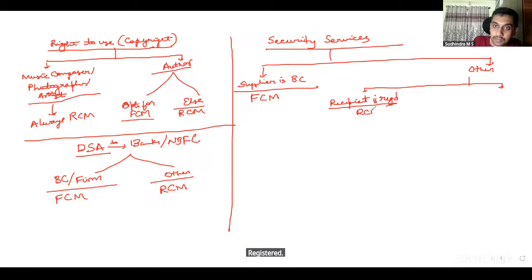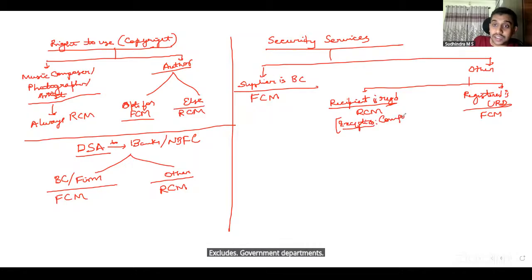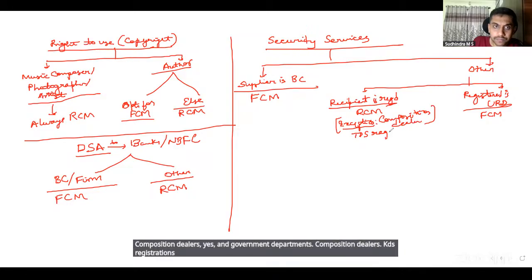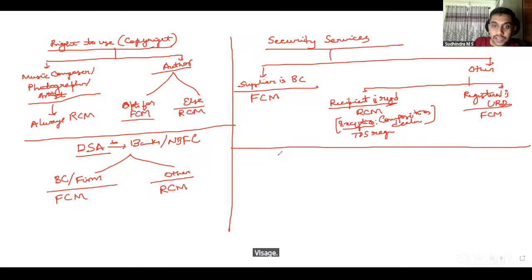If the recipient is unregistered, FCM. Again, here we have exceptions: excludes government departments, composition dealers, TDS registrations. Understanding? Yes, sir. Same way, renting of motor vehicle.